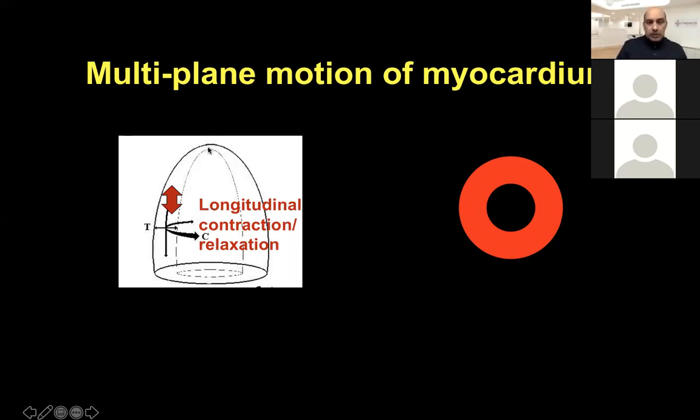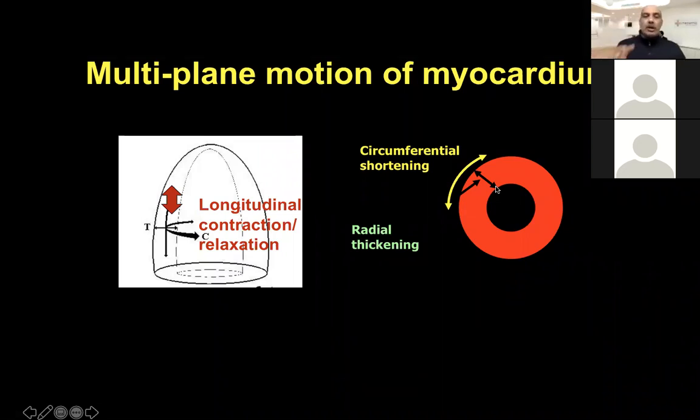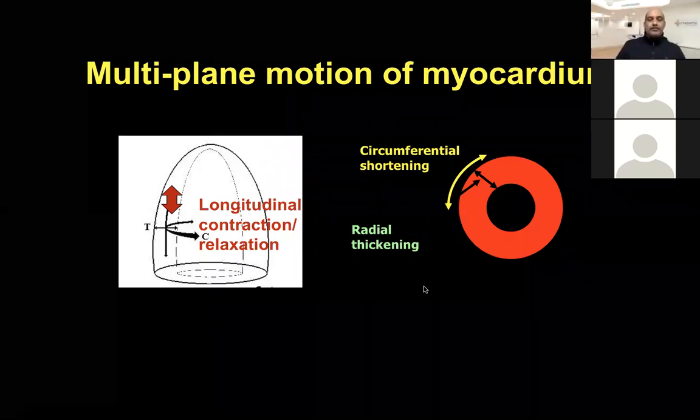So the longitudinal contraction would happen. On the other hand, the circumference would shorten, but the radius would increase. So the change in systole is shortening of the length, shortening of the circumference, but increase in the radius. These are the changes which are brought about with cardiac contractility.